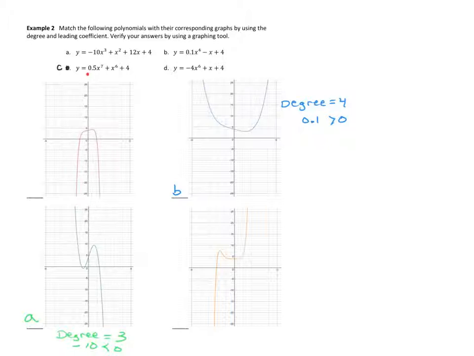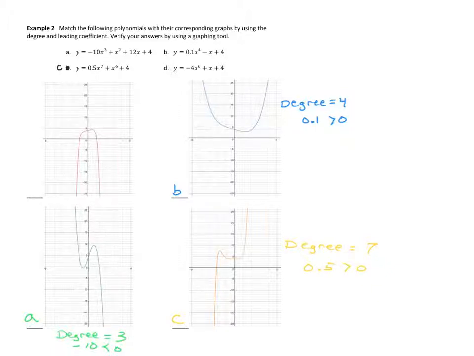For C, we have 0.5x to the 7th. So this has odd degree. It can't be this. It has to refer to this graph down here. And here we have this positive coefficient, which means the graph isn't flipped upside down. So over here, this has to be C. Here the degree is equal to 7, and that leading coefficient is a positive number.